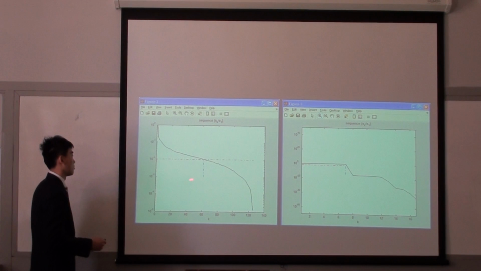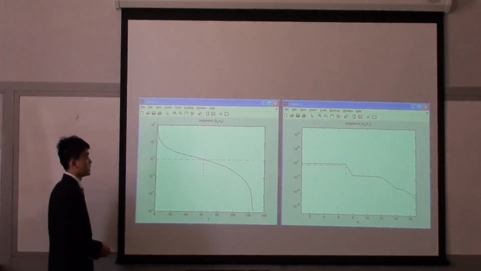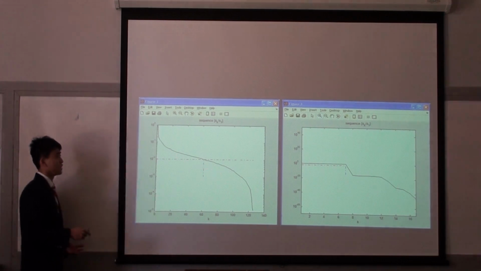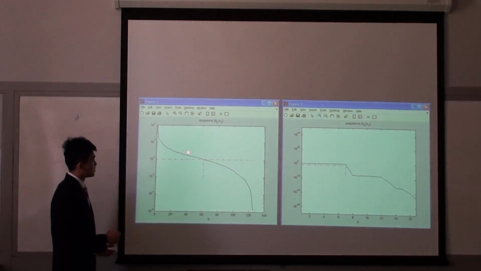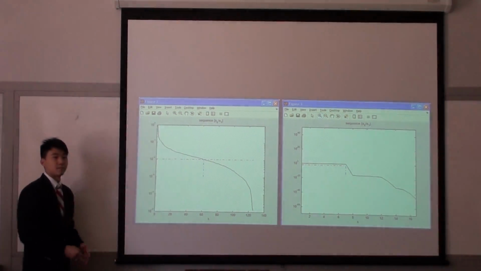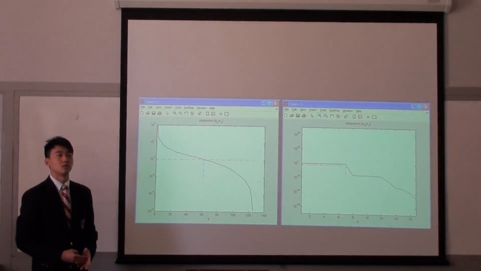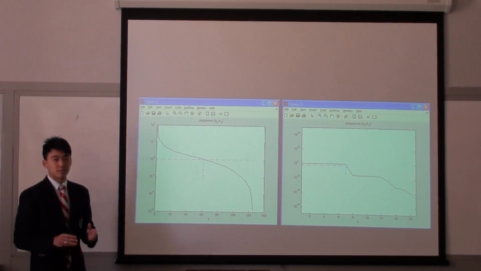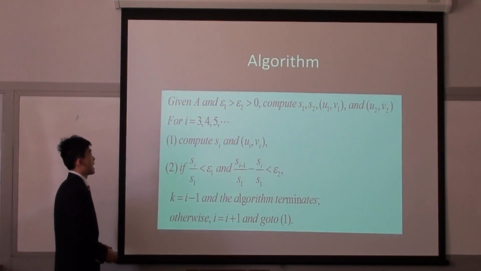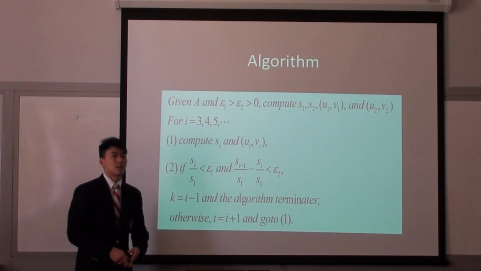However, in the normal case, we usually just need epsilon 2. Just check the ratio. If it goes flat, that point is where we want to cut it. It depends on the criteria for the data we put in. Epsilon 1 and epsilon 2 are decided by myself. You can make them larger or smaller. And our algorithm works with the computers like this.